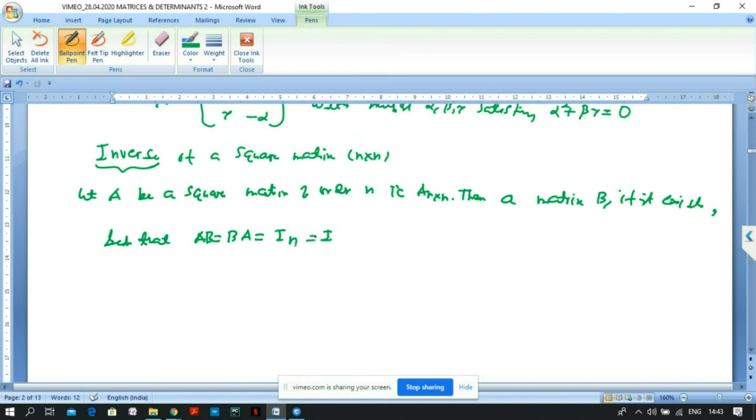N stands for the order of the matrix, which is understood here.